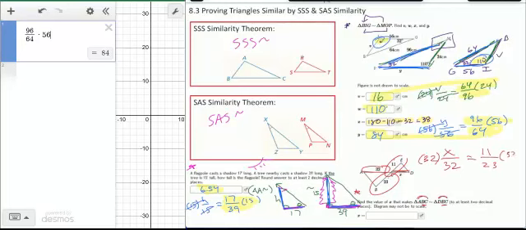And then it's just a matter of calculating. And so you can enter your answer as the calculation 11 over 23 times 32, which gives you 15.30. Or you can leave it as this calculation, and that would be your solution.